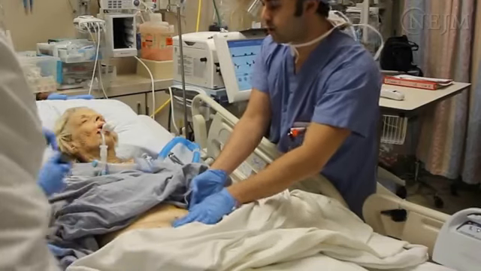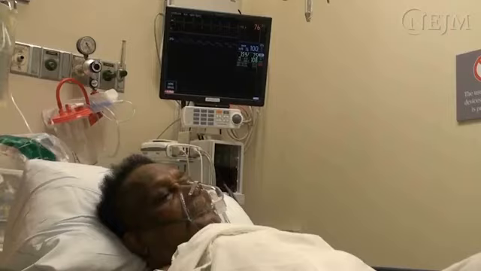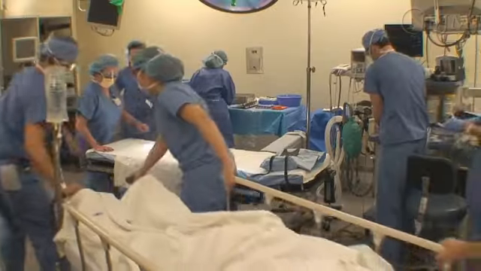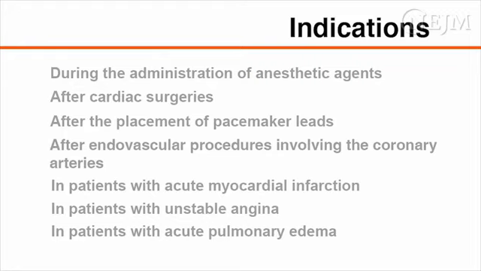ECG monitoring is used in many clinical settings, including intensive care units, intermediate care units, operating rooms, emergency departments, and ambulances. ECG monitoring should be performed during the administration of anesthetic agents, after cardiac surgeries, after the placement of pacemaker leads, and after endovascular procedures involving the coronary arteries.